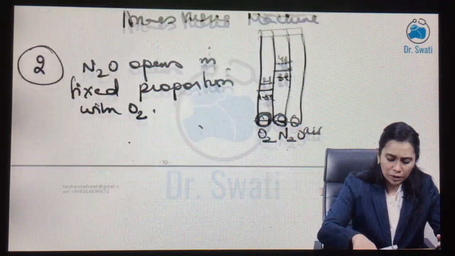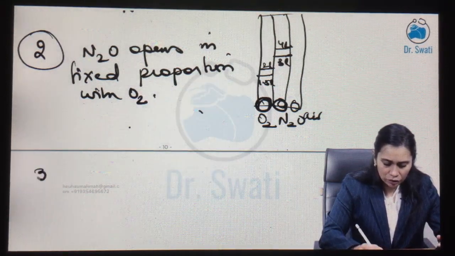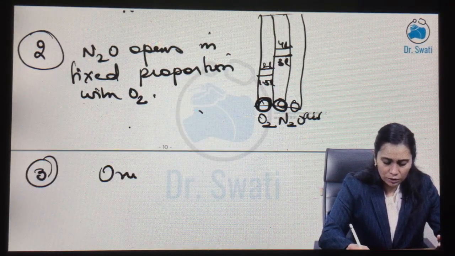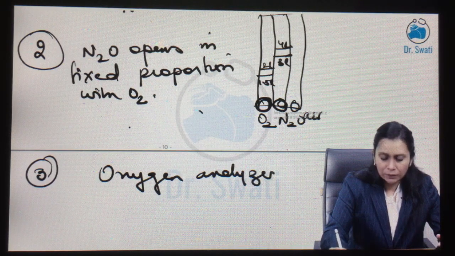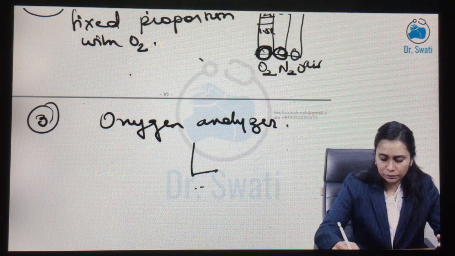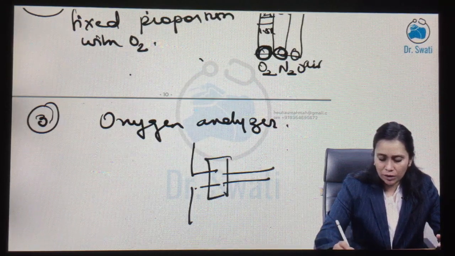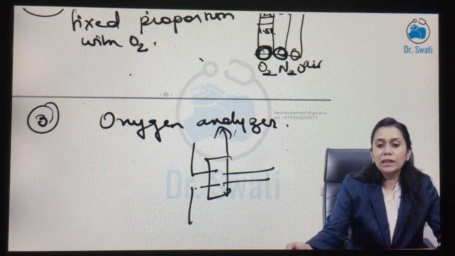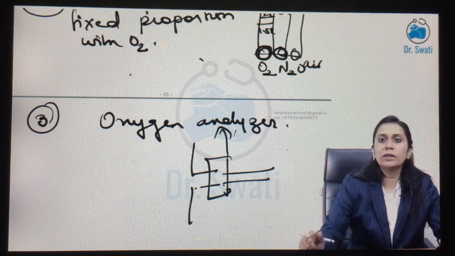And the third hypoxia guard is the oxygen analyzer attached to the machine. The final gas which I am giving to my patient: this is the machine's outlet. Here what is attached? Circuit. Between them is the oxygen analyzer. The final gas which I am giving to my patient is analyzed for its oxygen concentration.